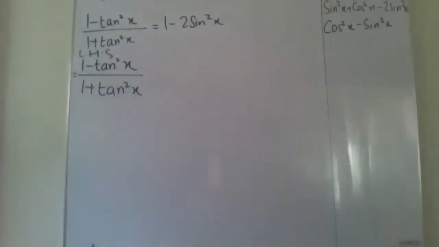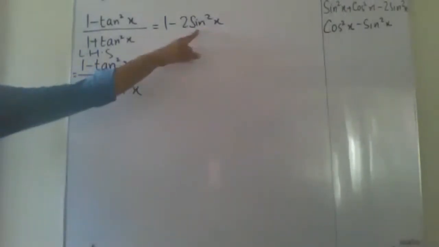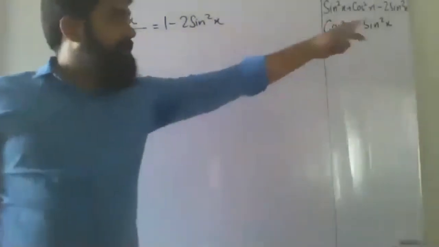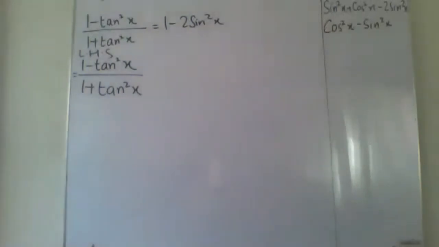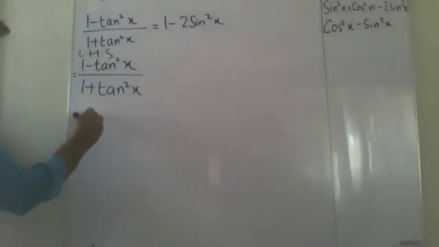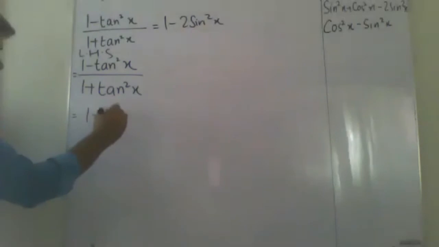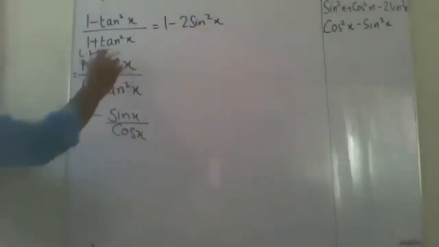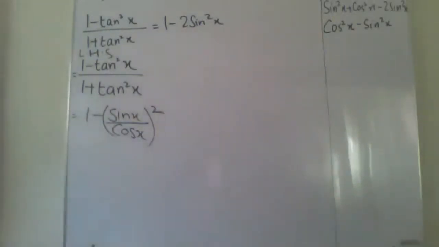So I'm not going to shift it into sec square because there is a sine over here, and even if I use these two steps, sine and cos are there, so I'm going to convert it in the form of sine and cos. So I know that tangent is equal to sin x over cos x, and there is a square over here, so this will also become a whole square.